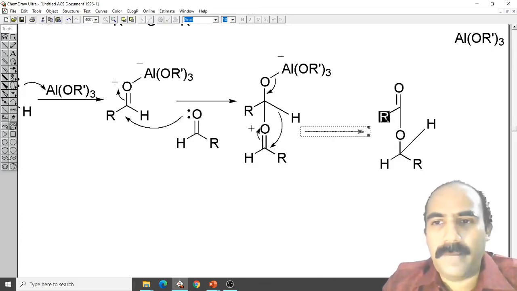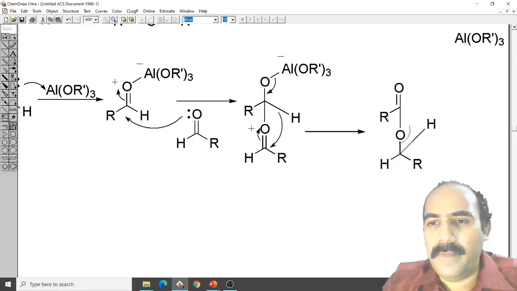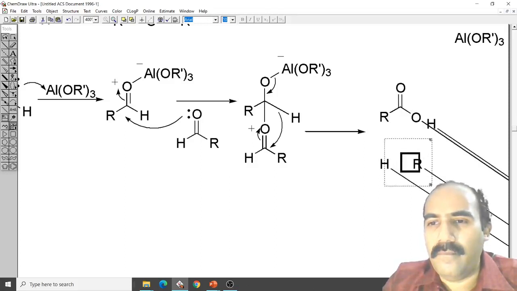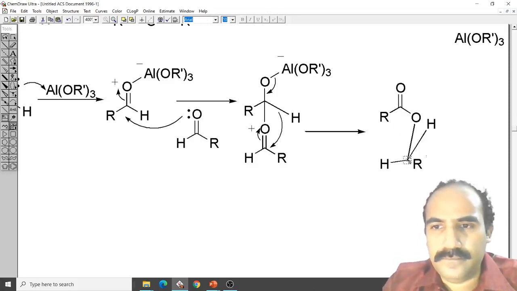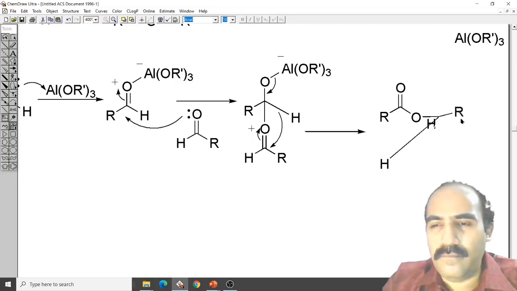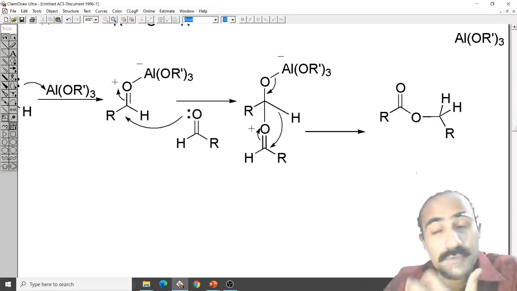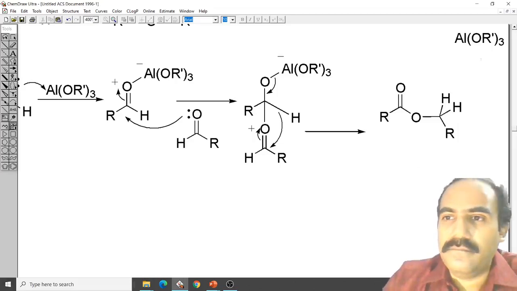This is an ester. Okay, so this is our ester.